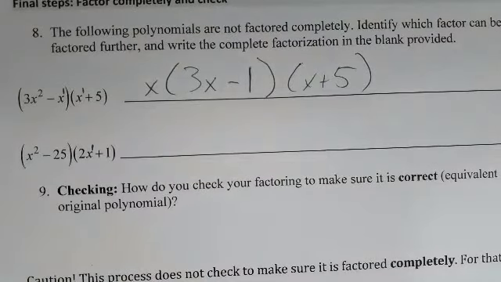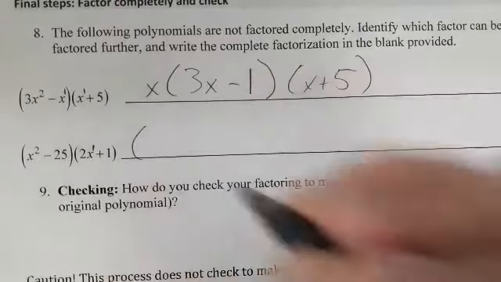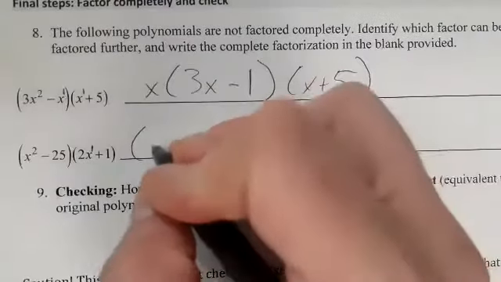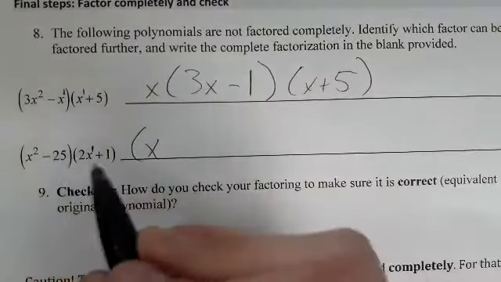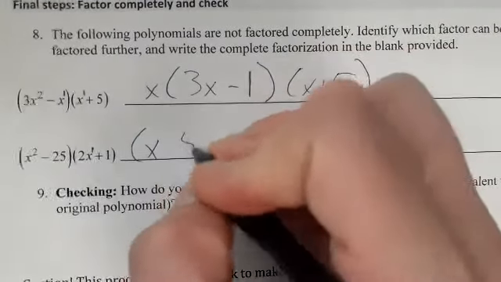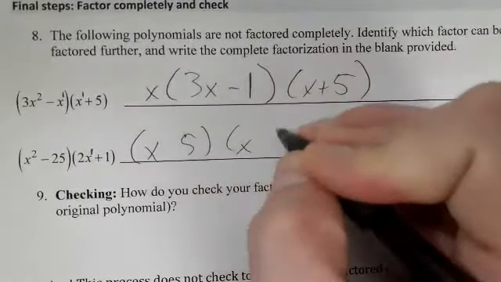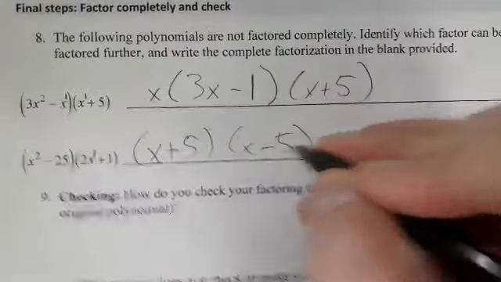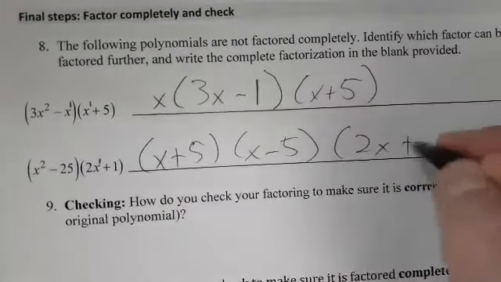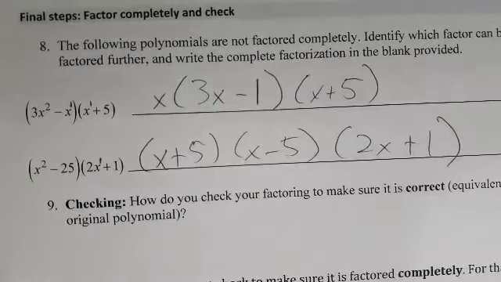There's nothing more we can really do to break that down. This thing looks like x squared minus 25. This is the thing we were talking about previously: a square root and a square root. So I have an x and a 5 and an x and a 5, one plus and one minus, and the factor tagging along, 2x plus 1, is still there.